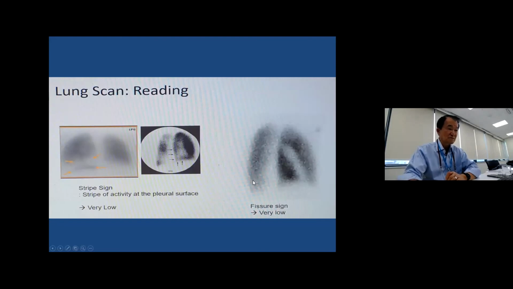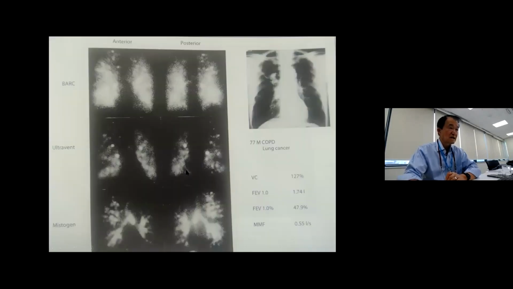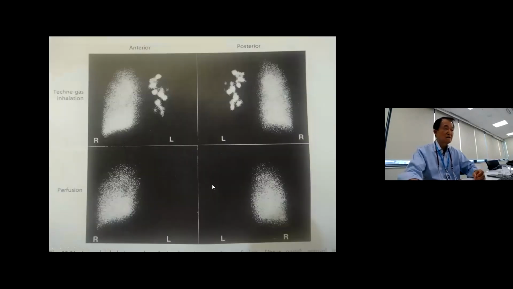Now, this stripe sign I mentioned, you can already see in certain ventilation studies as patchiness. The whole thing is a sort of bronchial lesion. You can see the ventilation study is not uniform. There's either gas or DTPA aerosol, but here everything is patchy. On one side, perfusion shows nothing here.